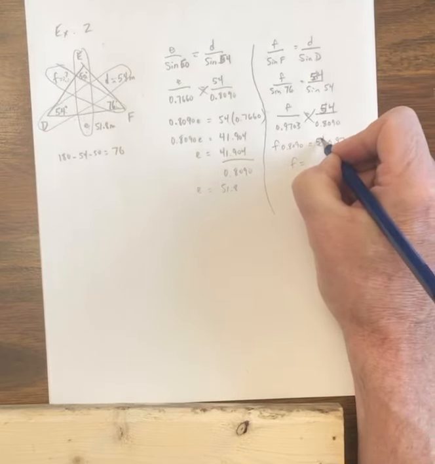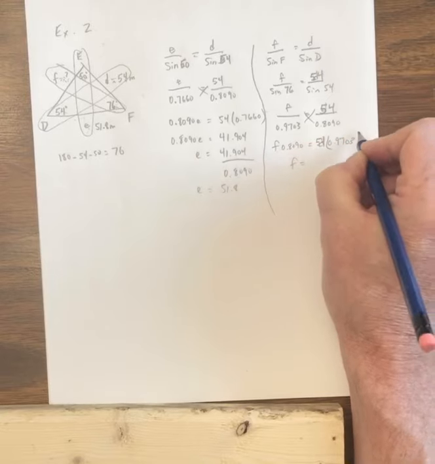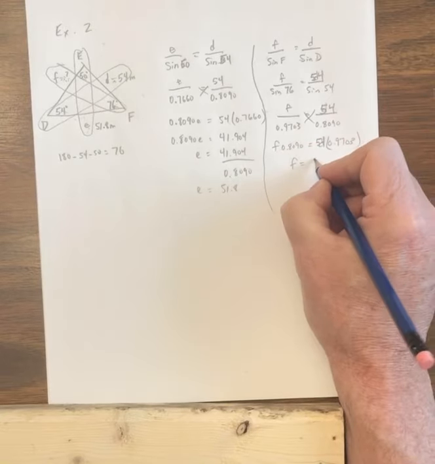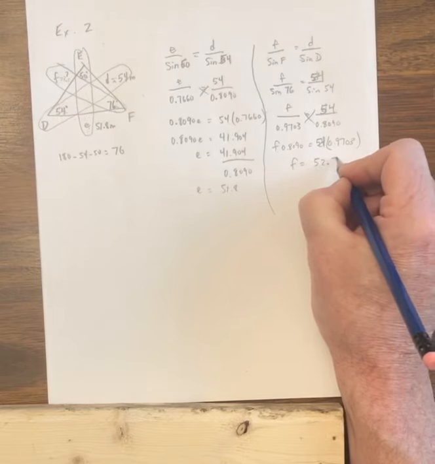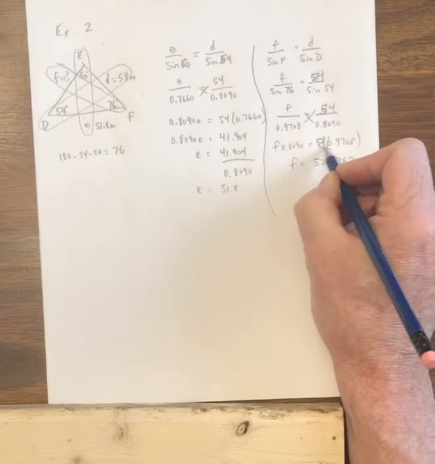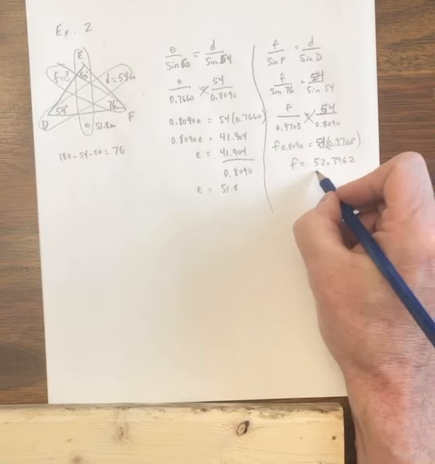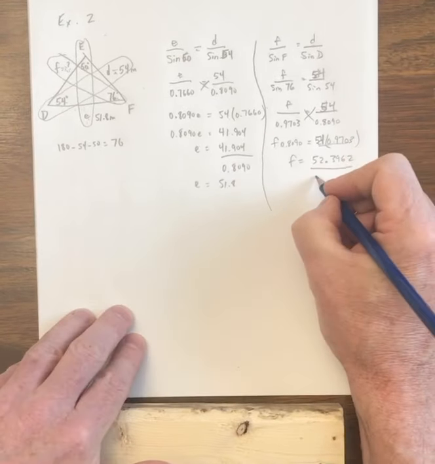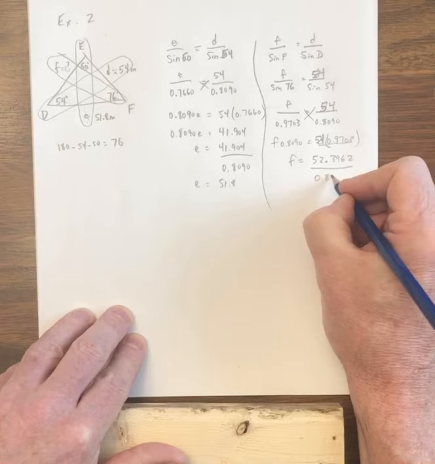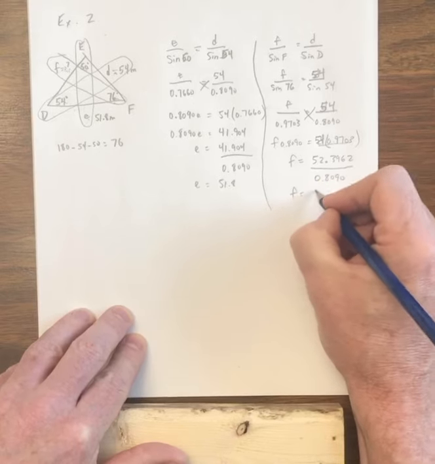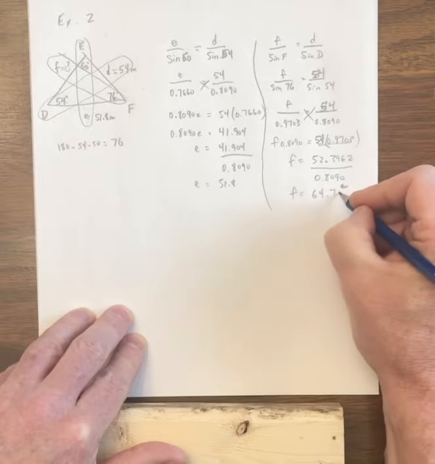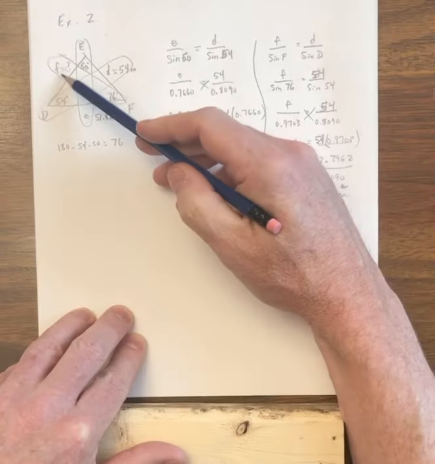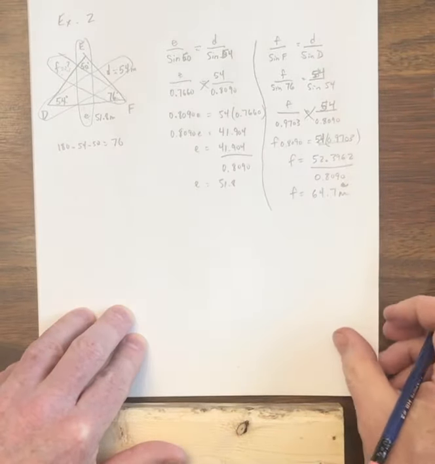So that's 54 times that. And we get 52.3962. That's when we multiply that out. And when I bring this over, it becomes a divide by 0.8090. And F is 64.7. No, that's not degrees, that's meters. So we now know the length of that as well.